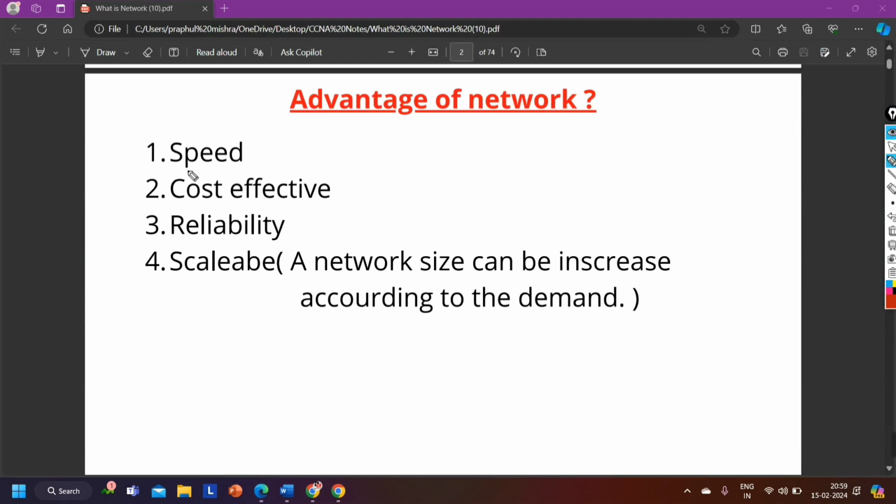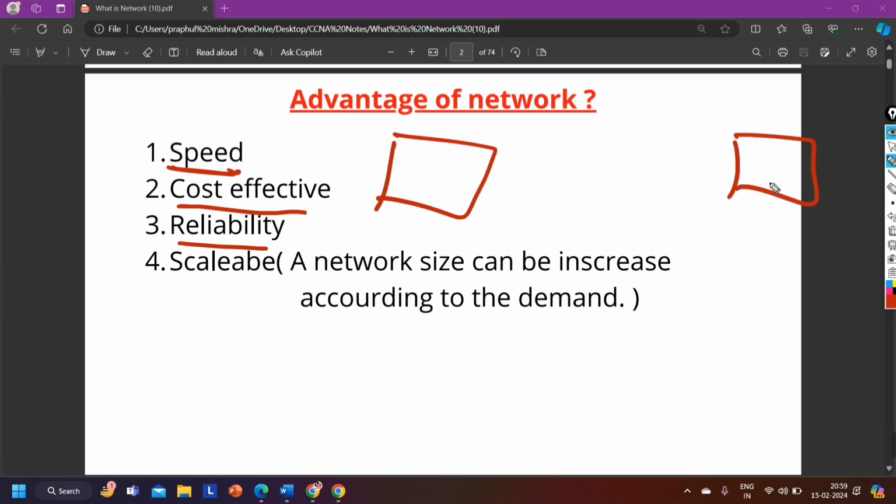So what can we say? Advantages: speed is the first advantage, second, cost effective, third, reliable. Reliable means what? If I am sending you something on WhatsApp, right, after the message is received by you, I will get a double tick here.